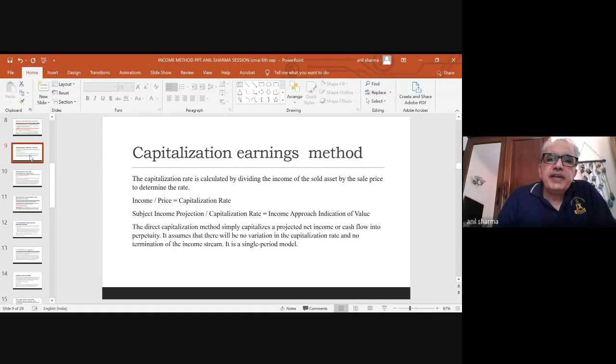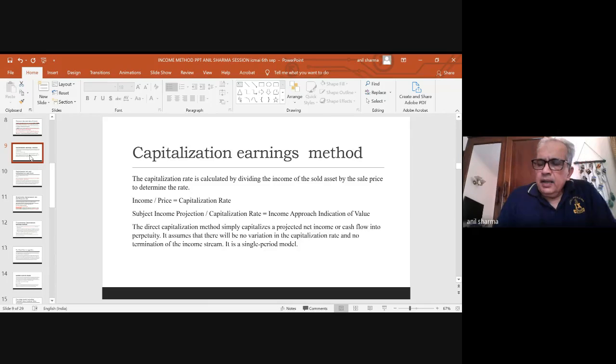And you're getting an income of let's say 1 lakh rupees a month, right? So here what we are doing is that the income projection upon the capitalization rate is equal to the income value, the value of the asset.